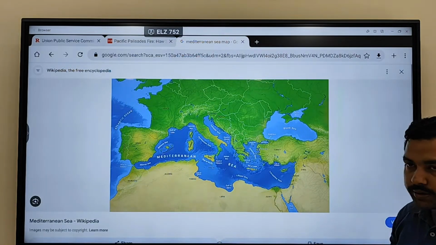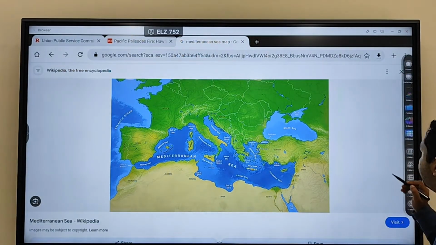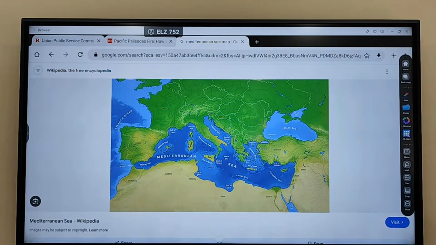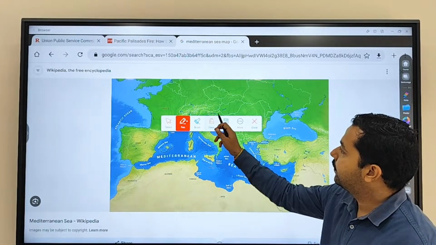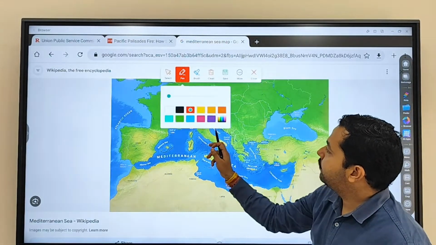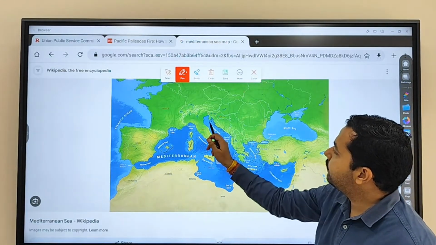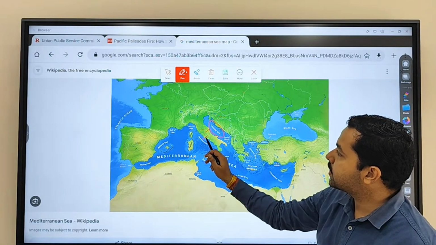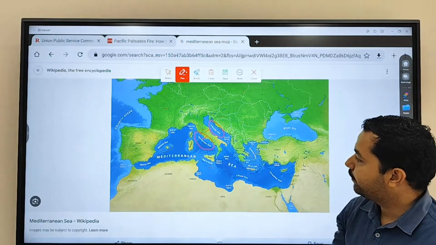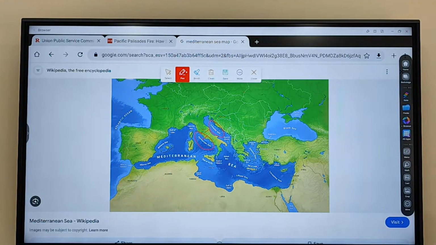Fine, this is the map of the Mediterranean Sea, and what you'll see here is the Adriatic Sea. This part is referred to as the Adriatic Sea. Italy's upper side, and Italy's lower side is referred to as the Tyrrhenian Sea.